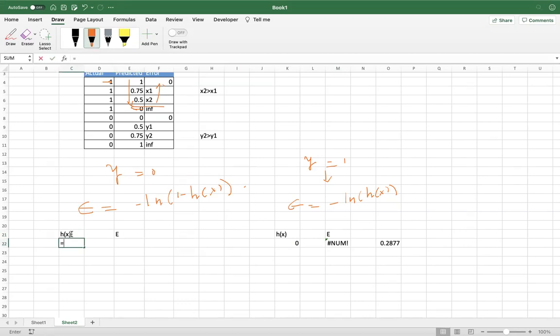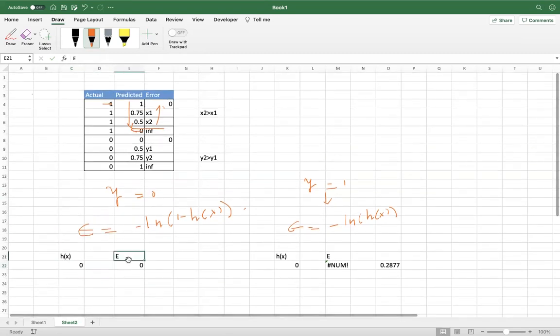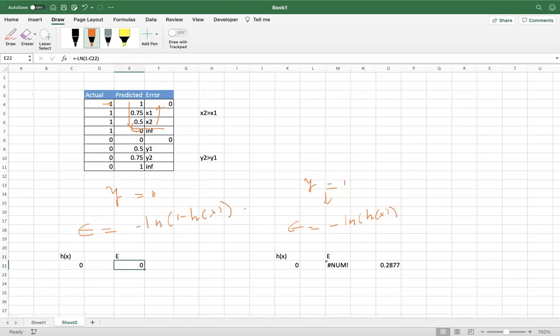So our error is equal to negative log of 1 minus this value, right? Whenever h of x is equal to 0, what is our error equal to? When h of x is 0, what is error?